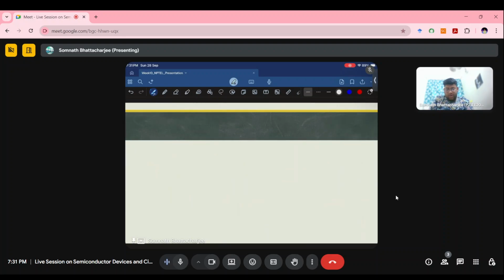Now we'll move on to the different parameter extraction from direct characterization of these devices.